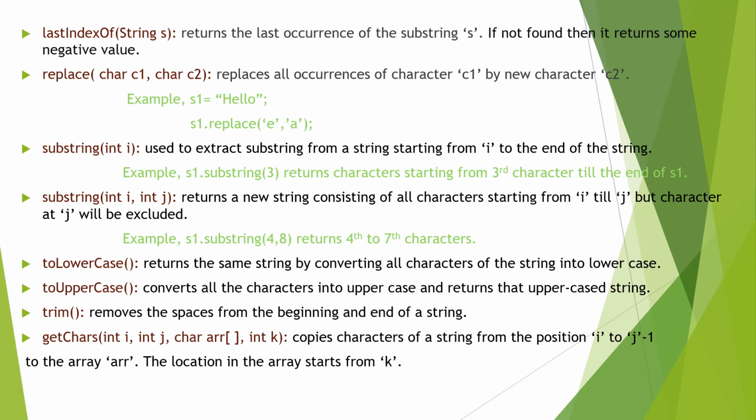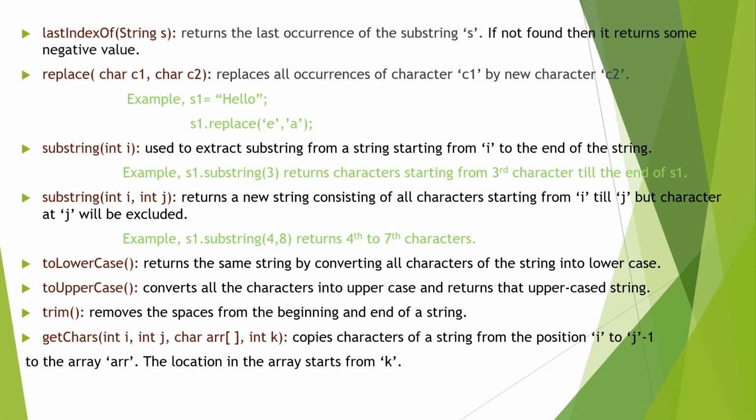It returns a new string consisting of all characters starting from i till j, but the character at j will be excluded. For example, s1.substring(4, 8) will be returning us characters at 4th to 7th position, not 8th.